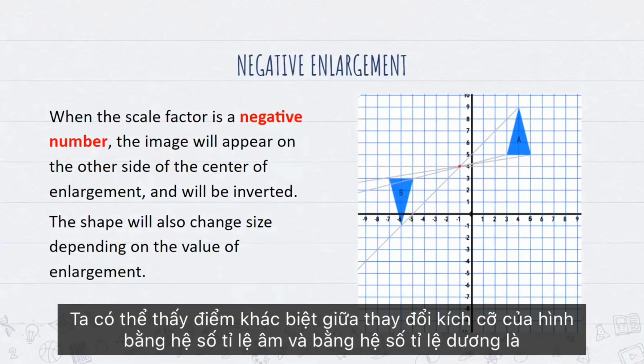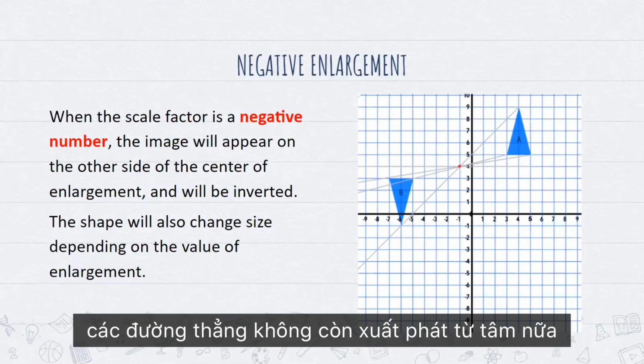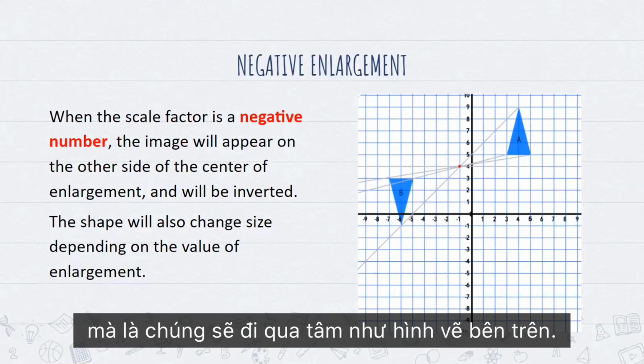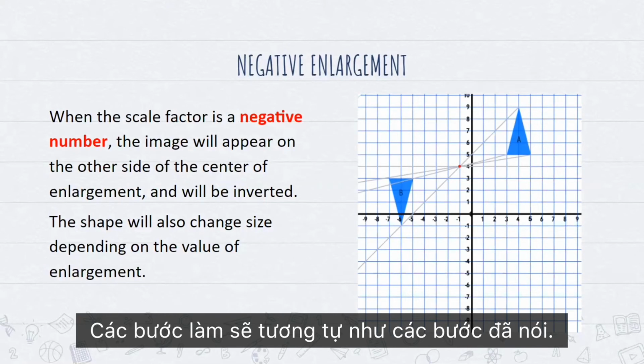As you can see here, the difference between negative enlargement and normal enlargement, where the scale factor is a number greater than 0, is that the lines you draw for the enlargement don't start from the center of enlargement anymore, but pass through the center of enlargement, which gives you the shape here. And then you do the same as the coordinate enlargement.